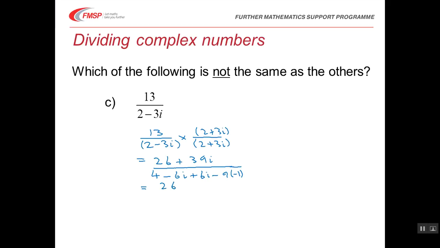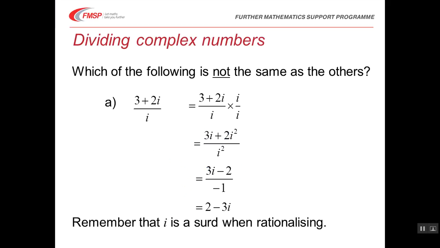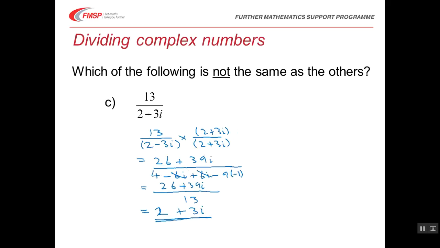So that's 26 plus 39i, and again we can see the minus 6i and the plus 6i cancelling out over 13, so that's 2 plus 3i. So you can see that 2 plus 3i is indeed the odd one out.